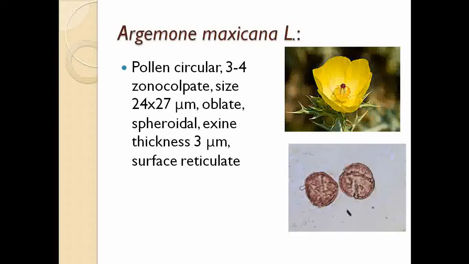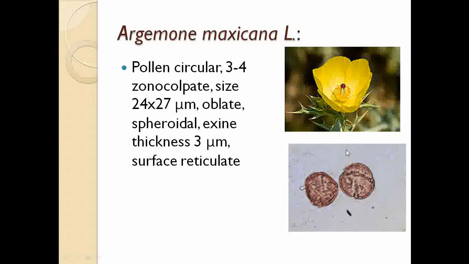So see that whenever we complete that acetolysis procedure, after performing the acetolysis, whenever we observe the pollen grains under the microscope, here I will take some examples. The first example is the pollen grains from Argemone mexicana.